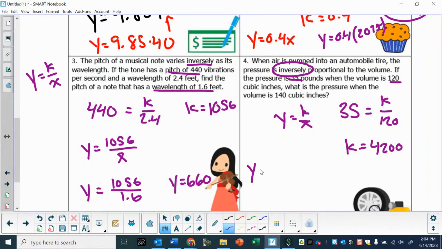So this relationship can be represented by y equals 4,200 divided by x. This says what is the pressure, and the pressure is y if the volume is 140 cubic inches. So y equals 4,200 divided by 140. And we get the pressure is 30 pounds.